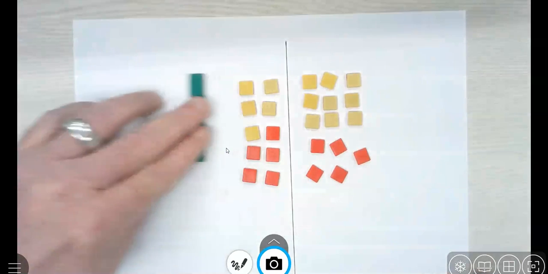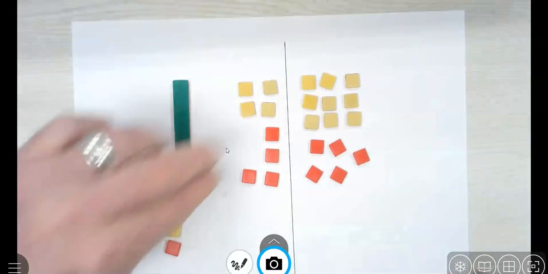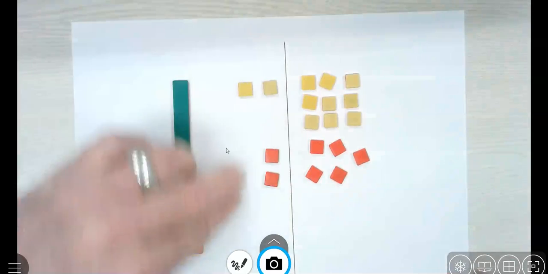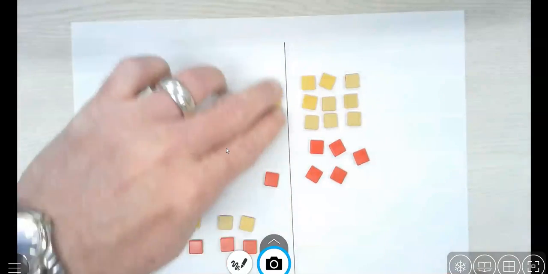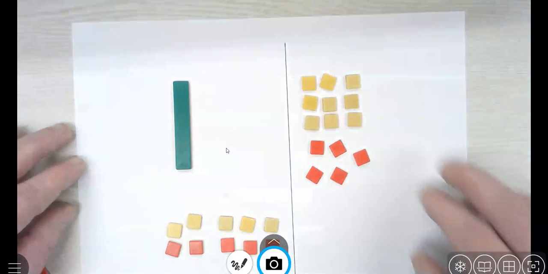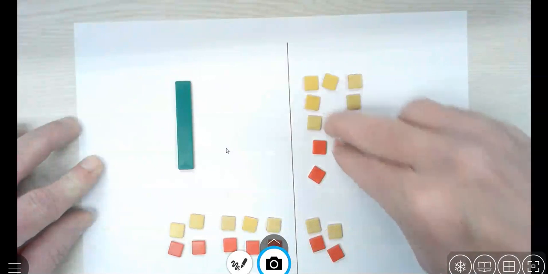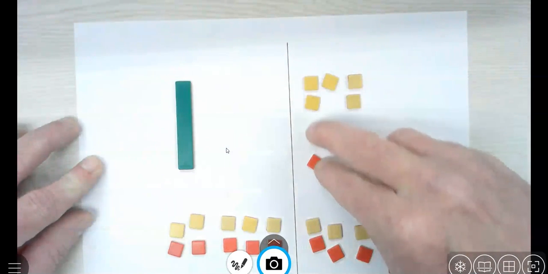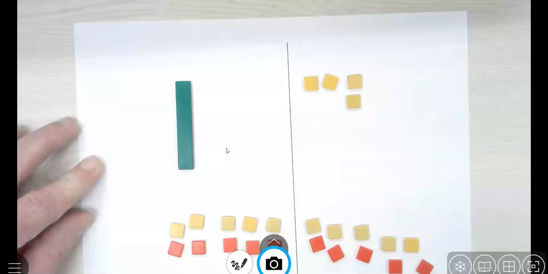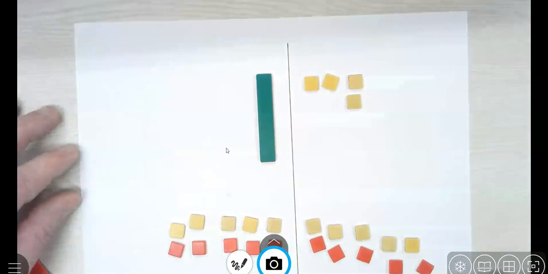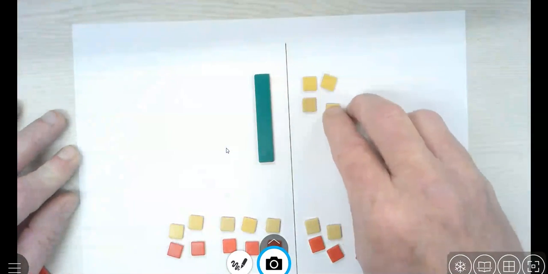Now I can start creating my 0 pairs. Pull those off. 1, 2, 3, 4, 5 0 pairs on the left, and on the right, 1, 2, 3, 4, 5 zero pairs there. So I see that 1x, in this case, equals positive 4.